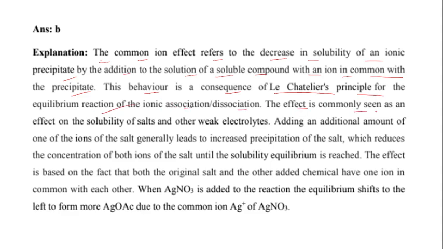The effect is commonly seen on the solubility of salts and other weak electrolytes. Adding an additional amount of an ion of the salt generally leads to increased precipitation of salt, meaning reaction will move toward backward side, which reduces the concentration of both ions. So ion concentration will be reduced and salt concentration will be increased.